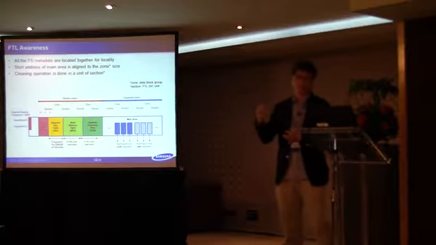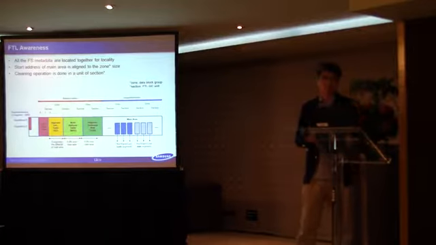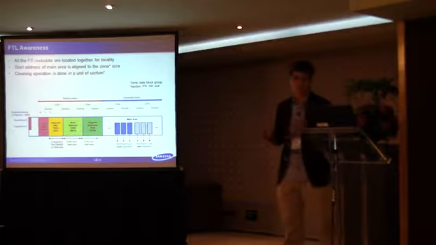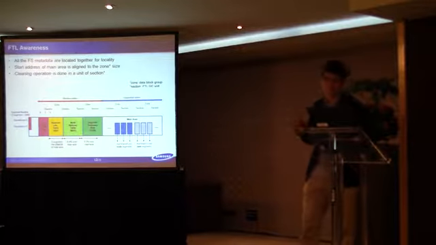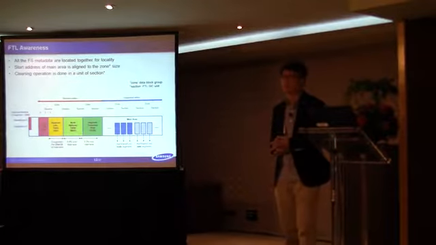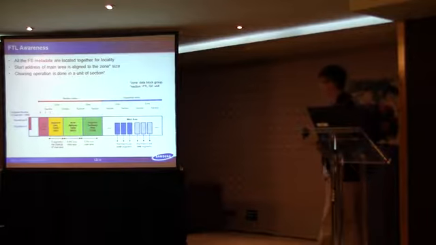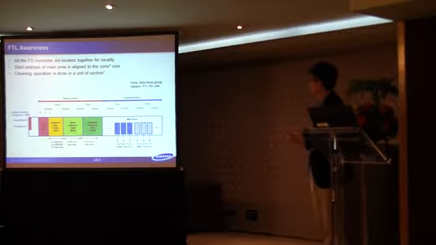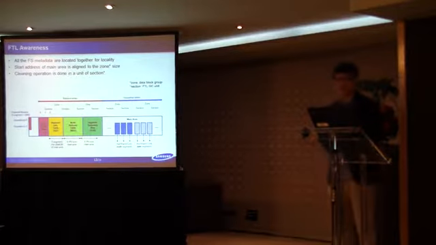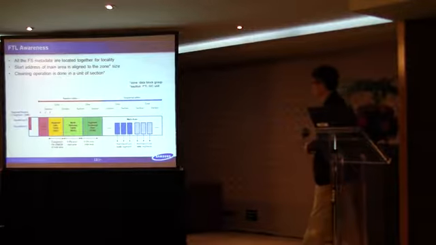In both layers, they are running their own GC algorithm, but we have to do a switch merge on the FTL side. That's considered the best case for performance. So we tried to align the file system cleaning size and the FTL cleaning size together.